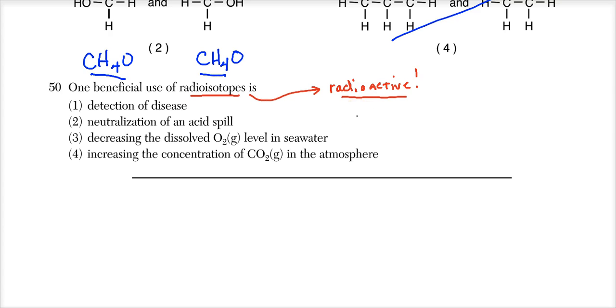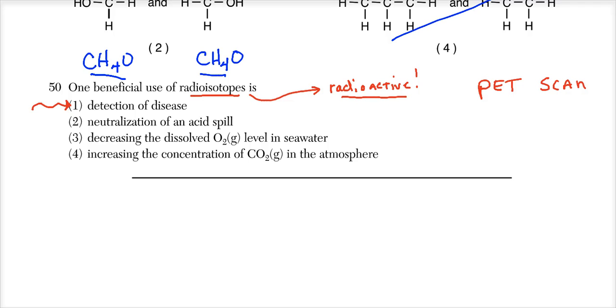We use radioisotopes, radioactive elements, to detect diseases. And what we do is we can use them as tracers, okay? For instance, a PET scan. If you haven't heard of a PET scan, the acronym PET means positron emission tomography scan.